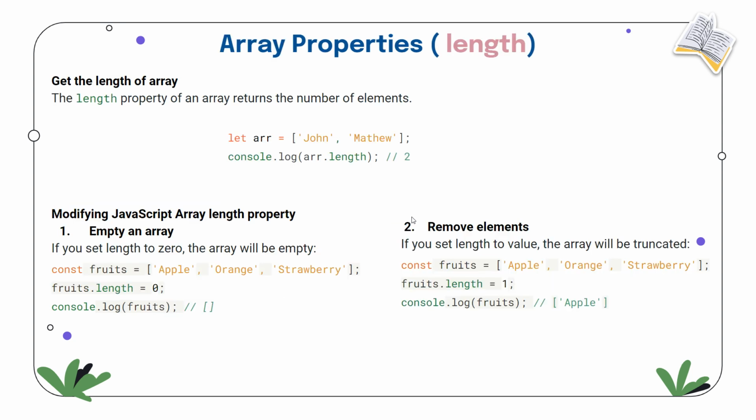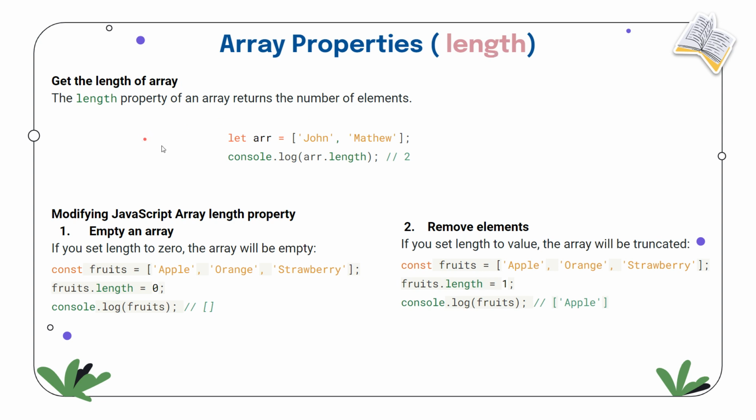First we are going to check the length property. Some properties we'll check and some methods also. The length property calculates how many elements are there inside the array.